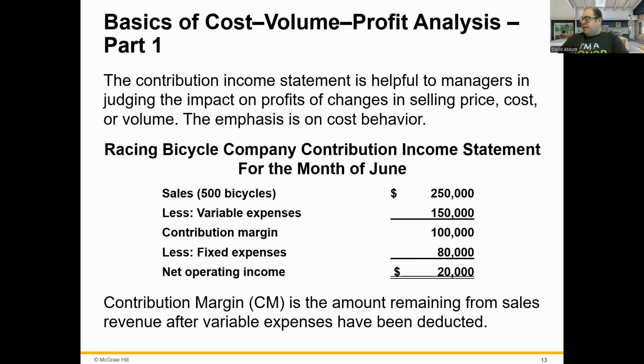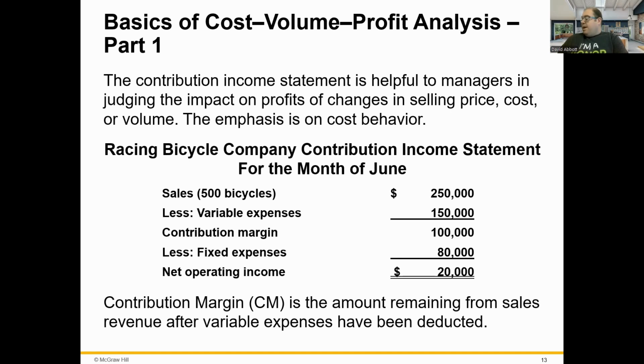All right, so the basics of cost volume profit analysis. The contribution format income statement is going to be helpful to managers in judging the impact on profits of changes in selling price, cost, or volume.